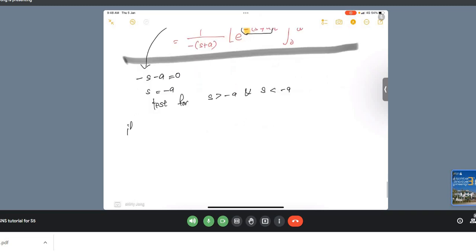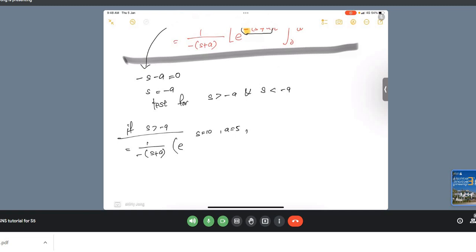So let's say if s more than negative a, so I have 1 over negative s plus a. If s more than negative a, will I get positive or negative? Let's say I assume s is equal to 10, a is equal to 5.